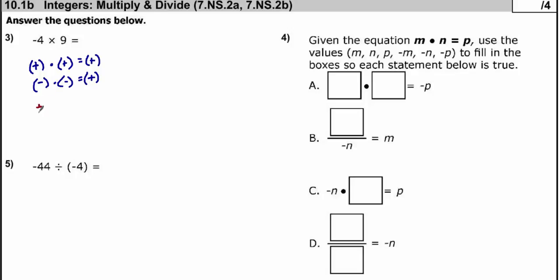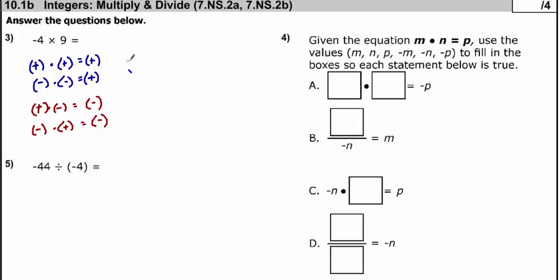If you have a positive times a negative, that's going to be negative. If you have a negative times a positive, that's going to be negative. Different signs. So same signs positive, different signs negative. And that also holds true for all the division.